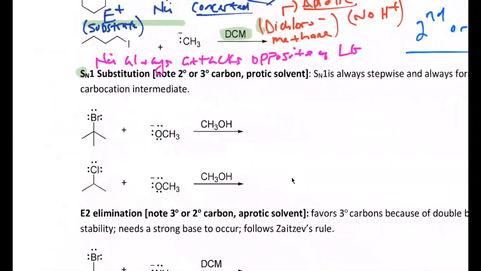First of all, the S is for what? Substitution. What's the N for? Nucleophilic. And then the 1 is unimolecular. Unimolecular, good.